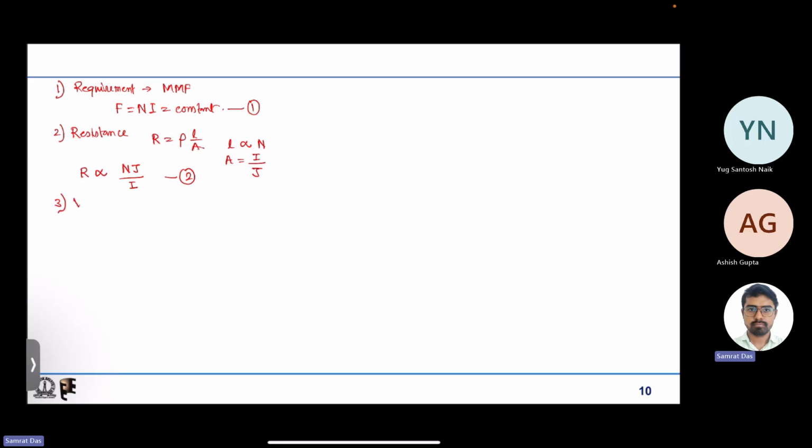Third equation is the voltage constraint. Once decided, we want some voltage to be applied across the winding. So that is also a condition. And for a DC machine, mostly this is the voltage that gets dropped as resistive drop. That may not be the total voltage, because in the armature, a part of the voltage goes as the induced EMF.